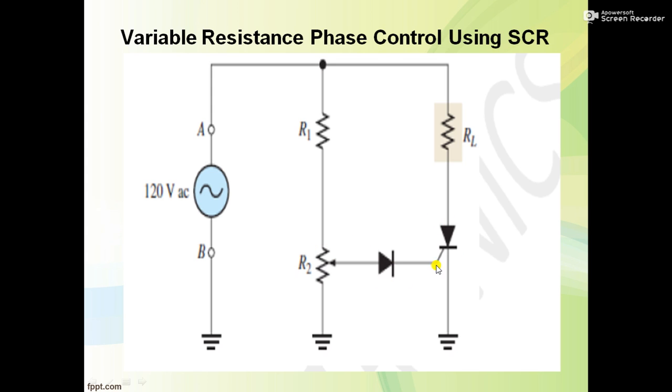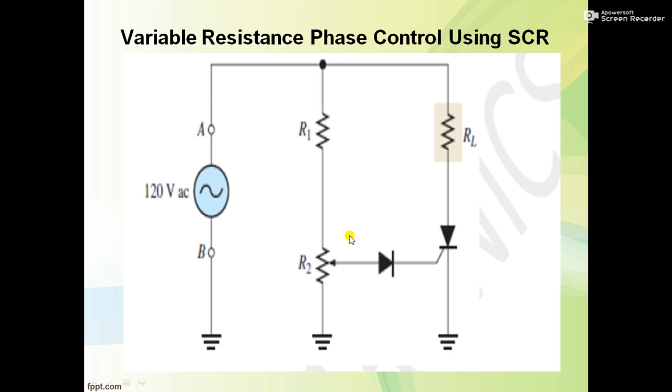This part of the circuit is considered as the trigger circuit. With the help of this trigger circuit we can control the phase of the AC input signal by the SCR.